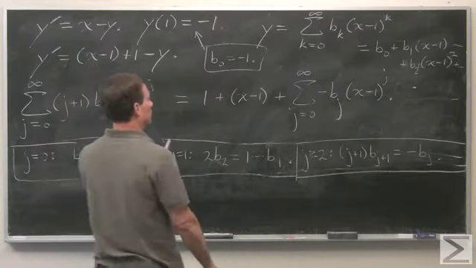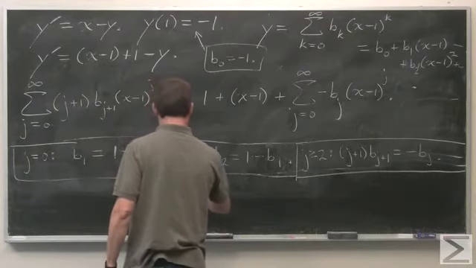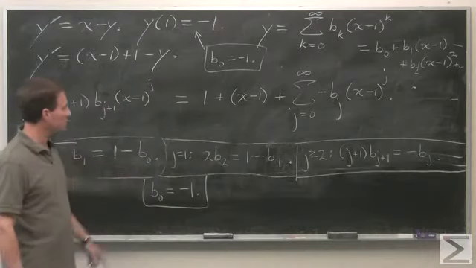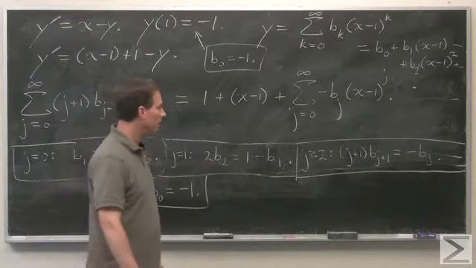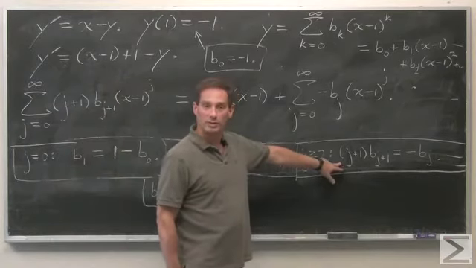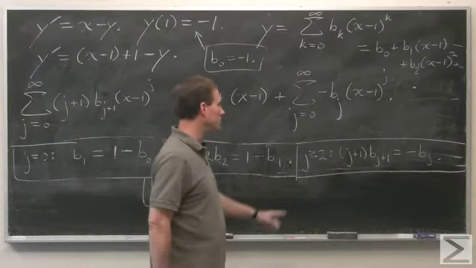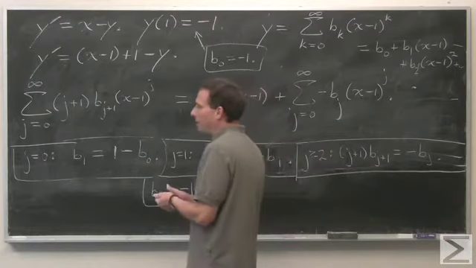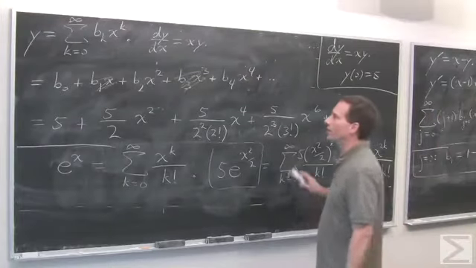Okay, so where are we? We've got this. B naught is minus 1. B1 is 1 minus B naught. 2B2 is 1 minus B1. And we have this iterative equation right here that tells us how you get all the higher B sub j's from the lower ones. So in a harder problem, we'd essentially be finished right now.